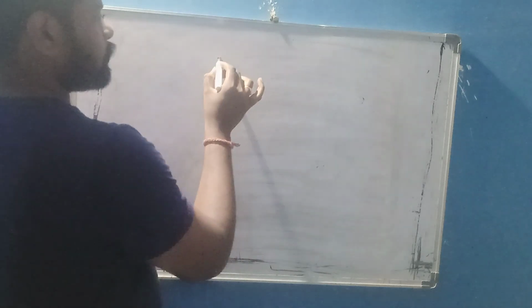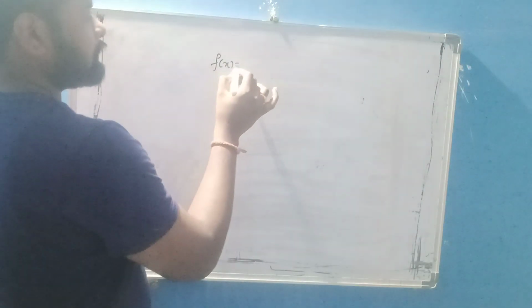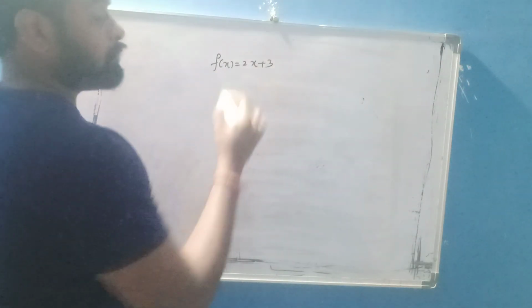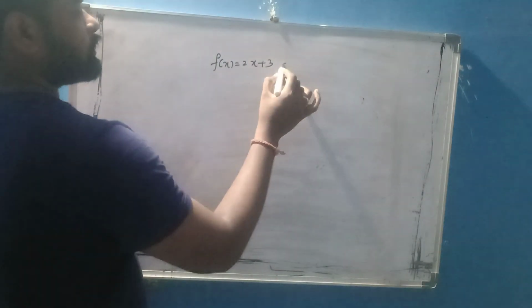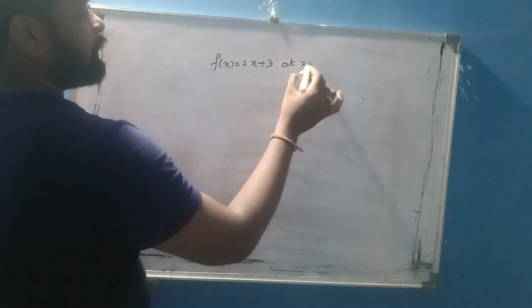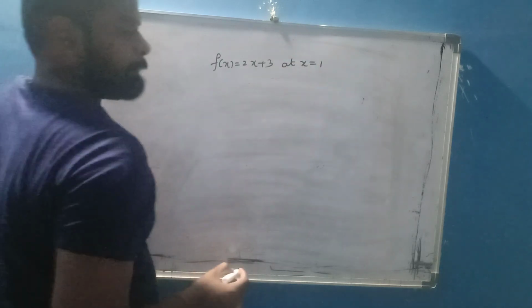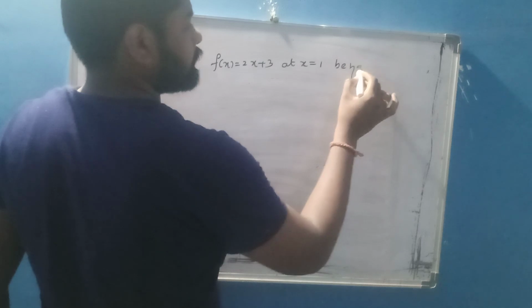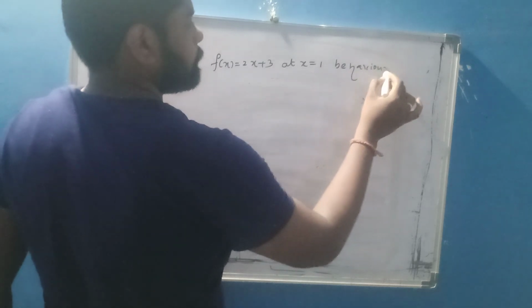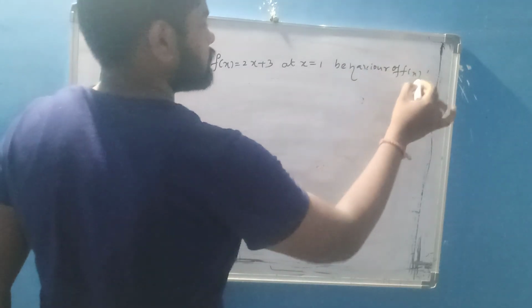Now I am taking one example. f of x equal to 2x plus 3. Here, what is the question? At x equal to 1, the behavior of f of x.